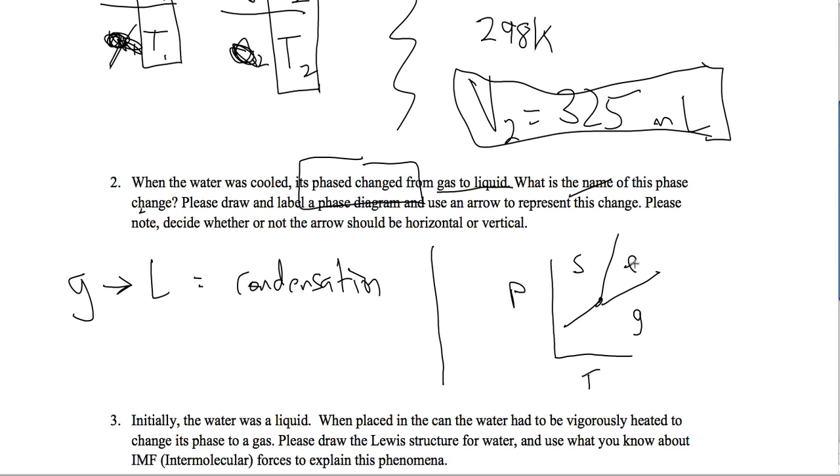A gas can go to a liquid two ways, either by increasing the pressure or decreasing the temperature. In this case, we did this by decreasing the temperature. We put it in the ice bath. So we're going to have a horizontal line here showing that pressure stayed constant at 1 atmosphere, atmospheric pressure, but the temperature dropped from your 298 Kelvin to 273 Kelvin.